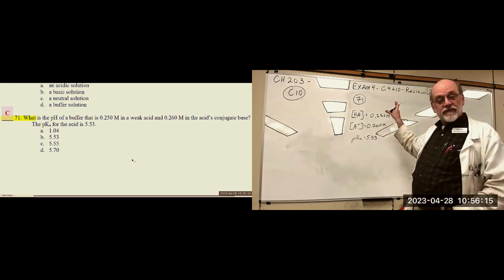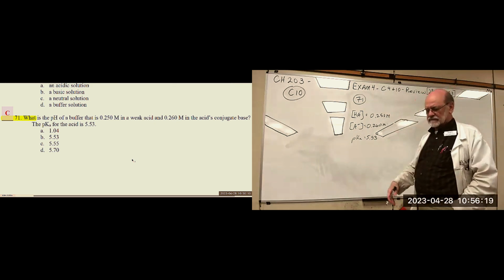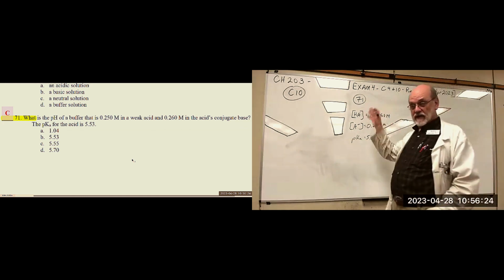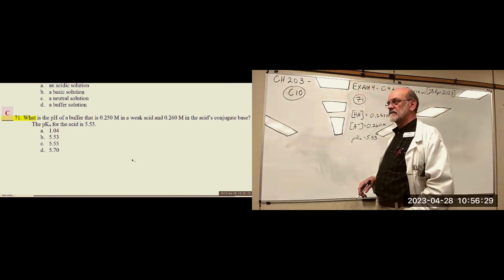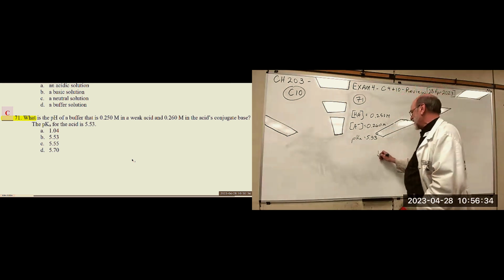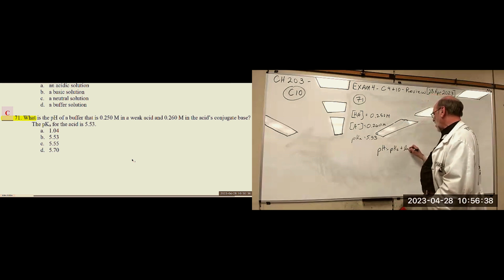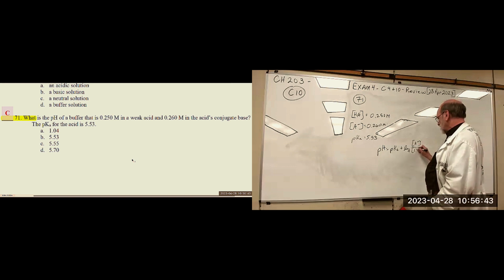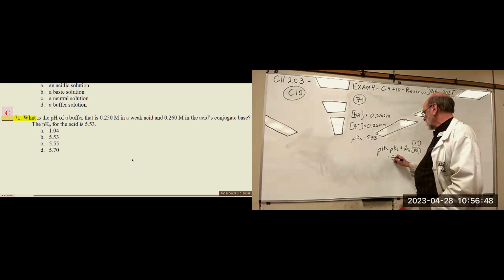This problem is screaming for the Henderson-Hasselbalch equation. Okay, so the pH is equal to the pKa plus the log of the conjugate base divided by the acid. Right. So we just need to fill in these values.